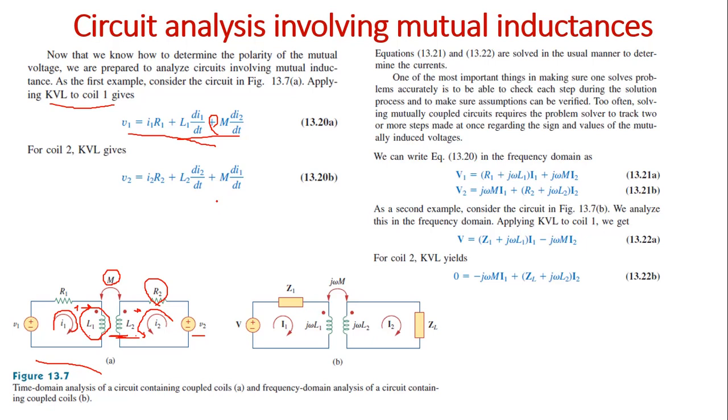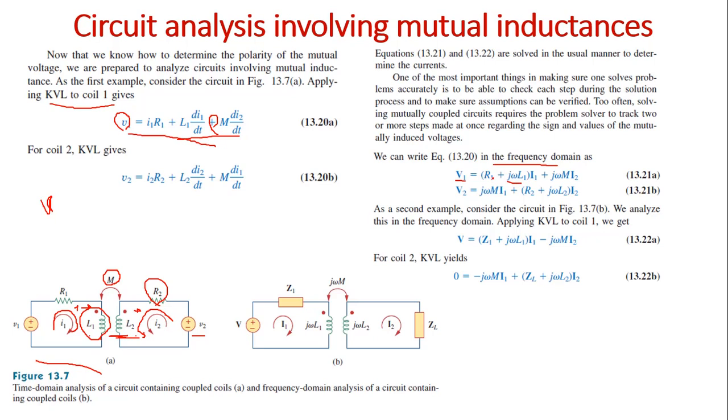Now if we write these two equations in the frequency domain, this is how we write them. In the frequency domain, all the time-varying voltages are represented by phasors, so instead of small v1 it is capital V1. For the resistance it is R1, and for the inductance L1 the impedance is j omega L1.